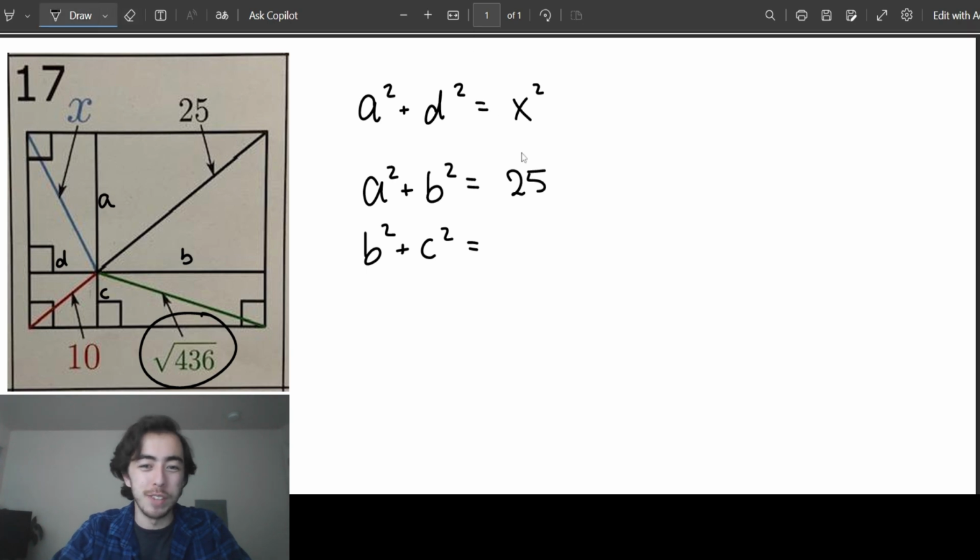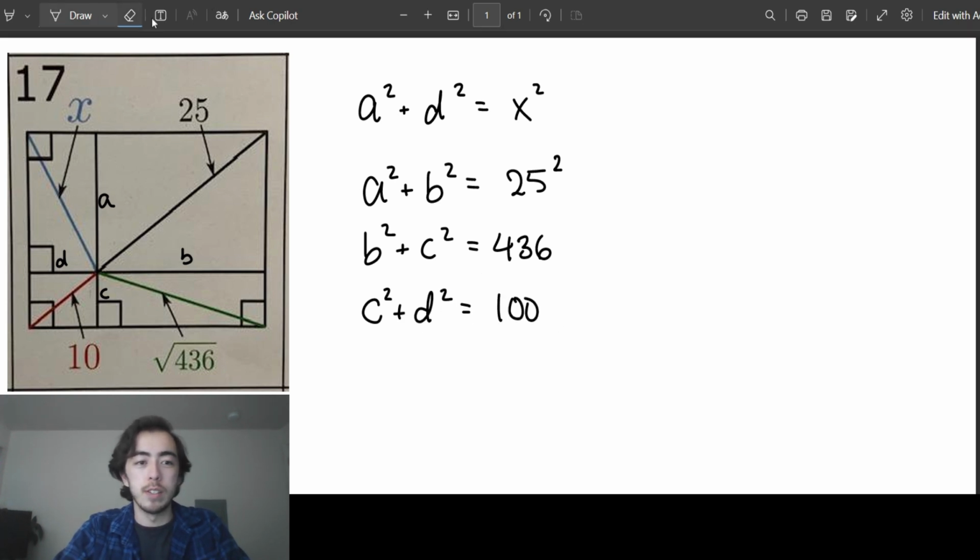That's supposed to be 25 squared. There we go. And so if I do the square root of 436 squared, that's just going to get me 436. So I guess I'll write it like that. And then finally, we have c squared plus d squared equals 10 squared, or 100. So I guess over here with this 25 squared, I could just call it 625.